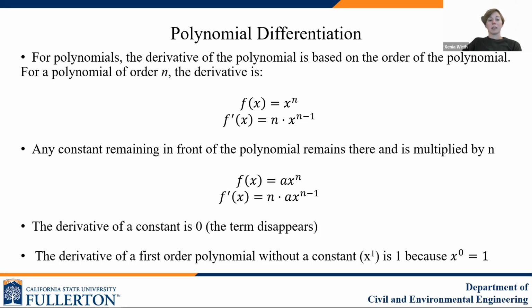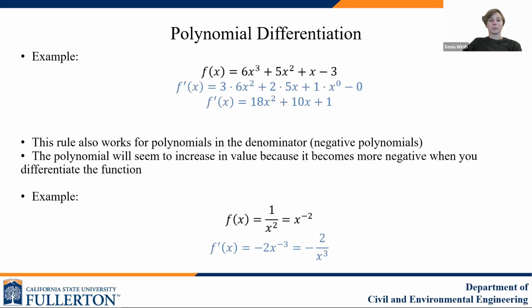If you have a constant by itself with no x, the derivative of a constant by itself is 0 and the term disappears. The derivative of a first order polynomial, which is just x, is 1, because x to the 0, where 1 minus 1 is 0, is equal to 1. So the derivative of x by itself is just 1.